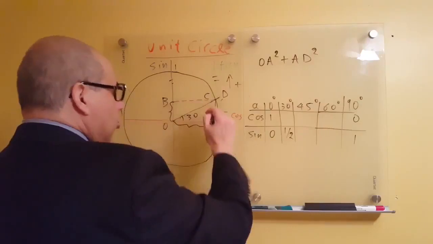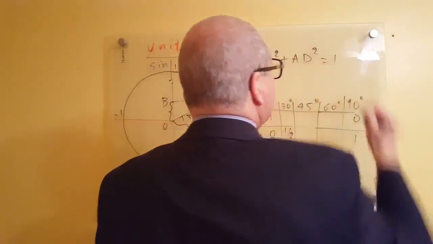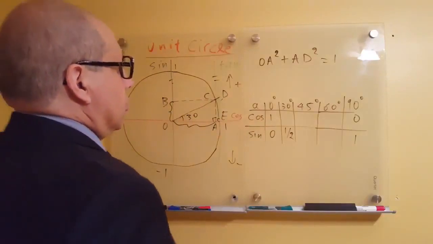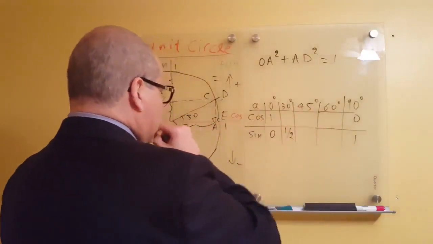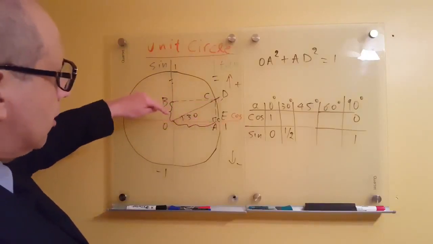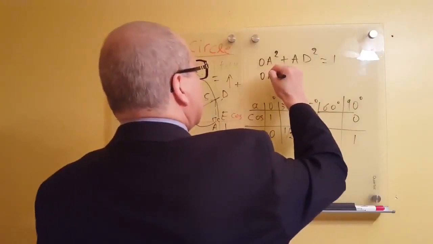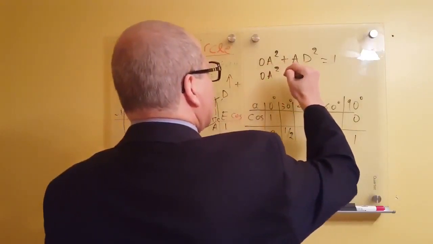Because this is a unit circle, the hypotenuse is the radius, and it's equal with 1, so it's 1 square, which is 1. And now because we know that AD is equal with OB, is equal with the sine of 30, so that's 1/2. So you just go here and you solve this equation.